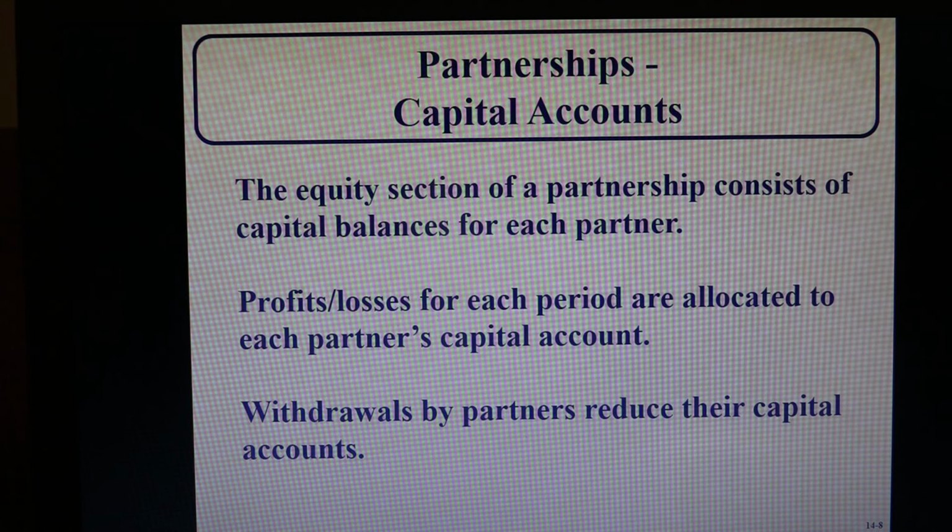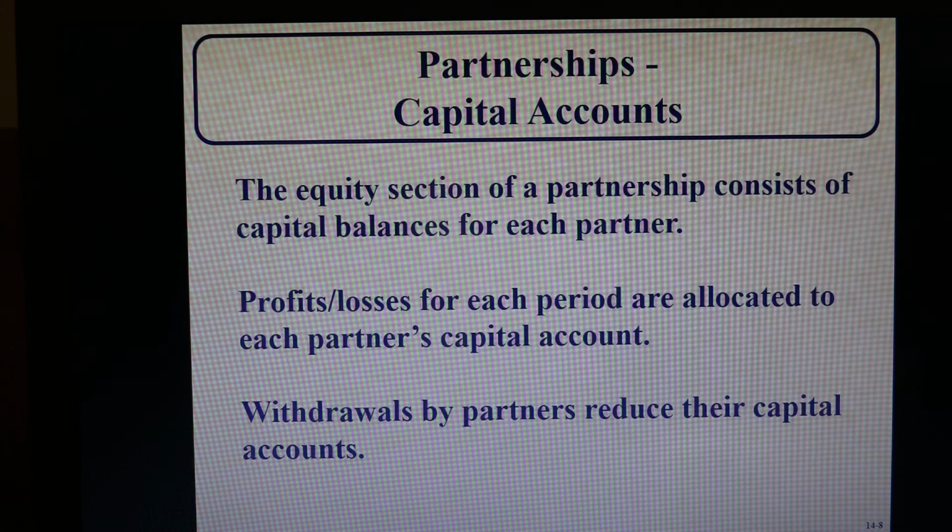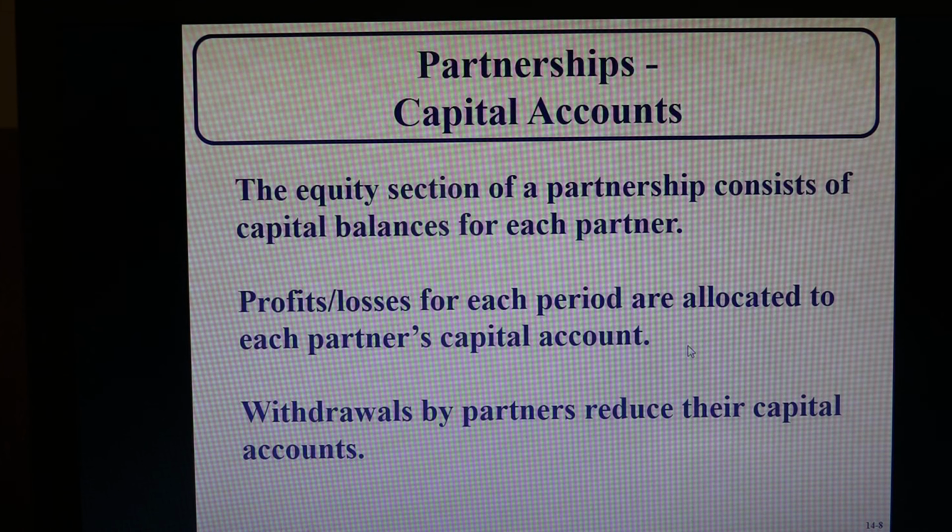So profit and losses for each period are allocated to each partner's capital accounts. The withdrawals by partners reduce their capital accounts, of course.